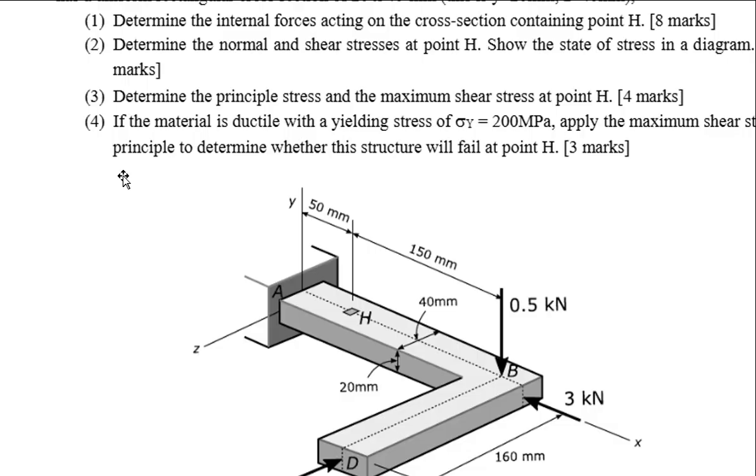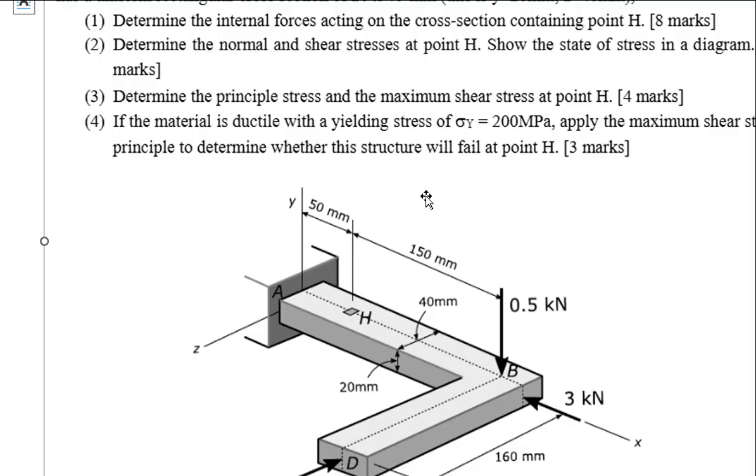So once you find the Mohr circle result, in this problem you want to use the principle of maximum shear stress to evaluate whether the beam would fail at point H, given that the yield stress of this material is 200 megapascal.